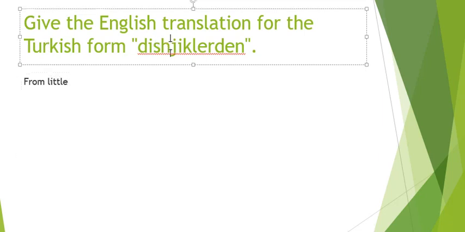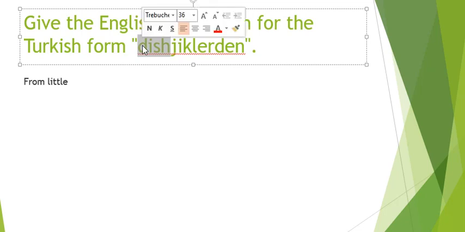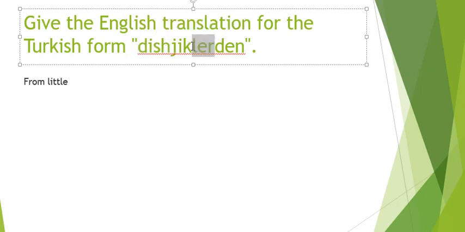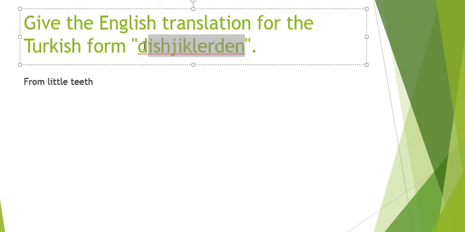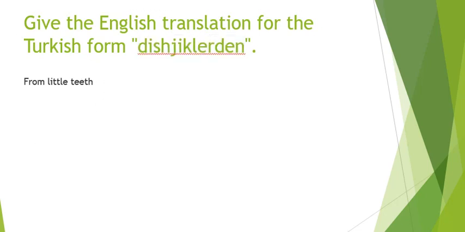And diş, what is diş? Diş is tooth, right? Tooth or teeth in this case because you have ler here. Ler represents plurality. So diş plus ler is teeth. From little teeth. So that is what this expression means in Turkish. From little teeth. So those are the answers for this assignment.